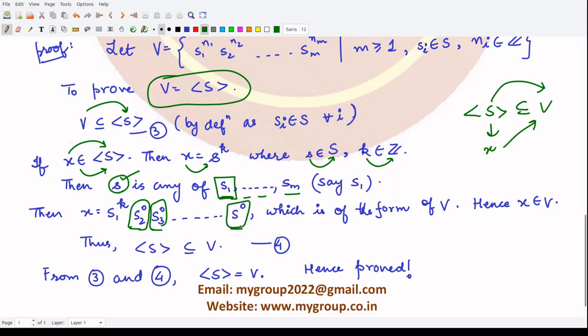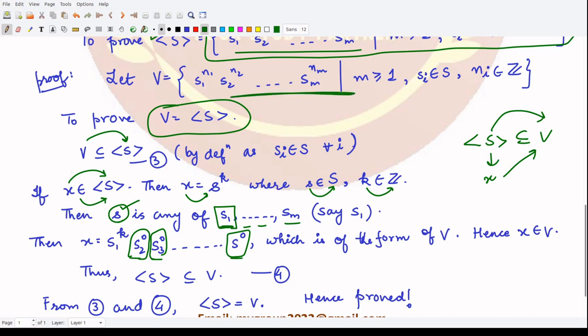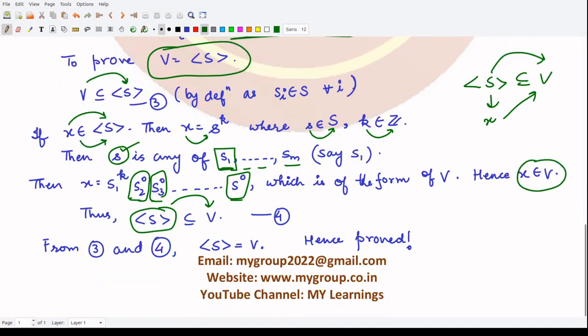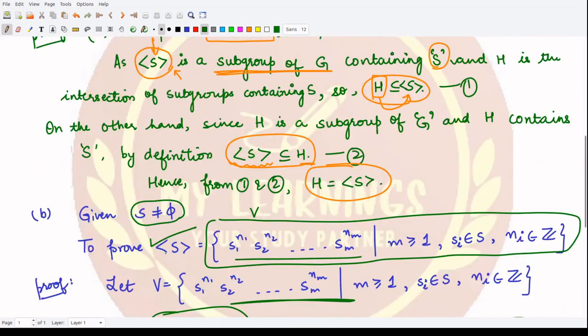So this now becomes the form of our set V. It is of this kind, hence we say X now belongs to the set V. So we took some arbitrary element from here, and it is a member of V. That means the set generated by capital S is also contained in V. So from containments 3 and 4, we have the set generated by S is equal to V, and this is what we wanted to prove in the second part.